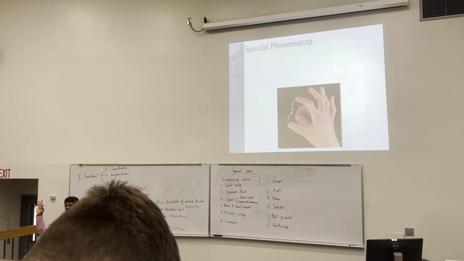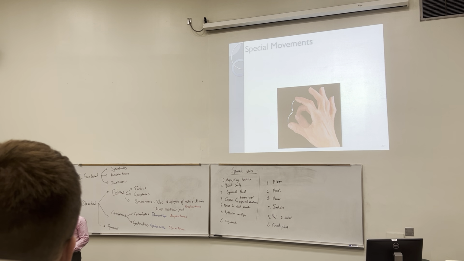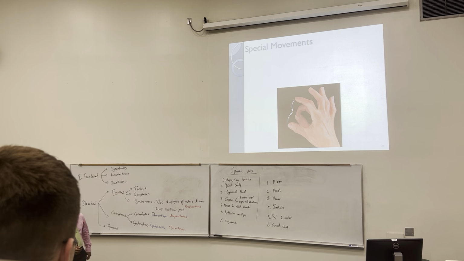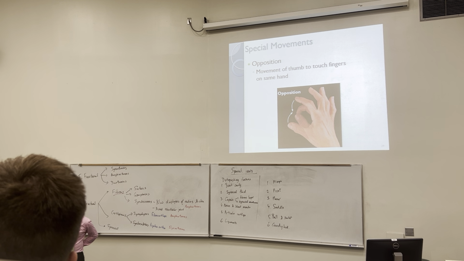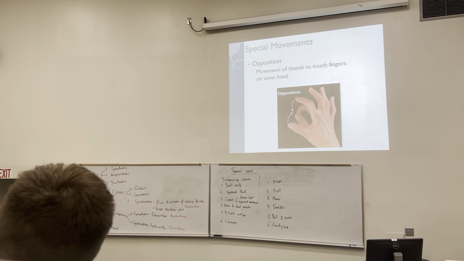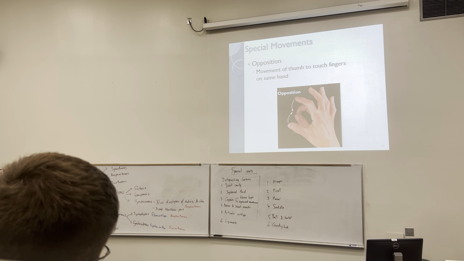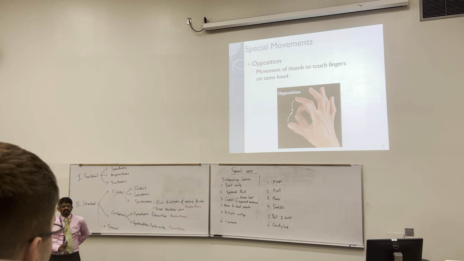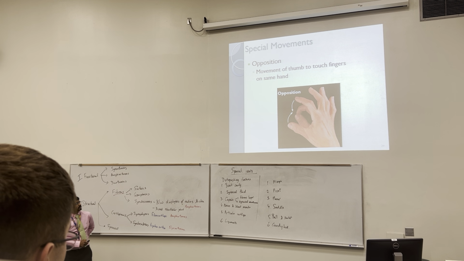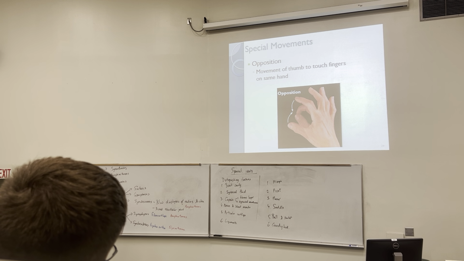They cannot touch the fingers of the same hand the way we can, so we can use instruments. There's no opposite direction, we don't actually have a definition for it. But opposition is when we touch.